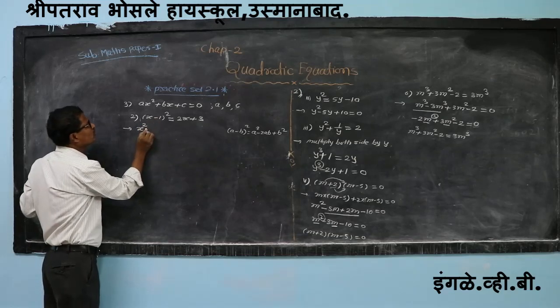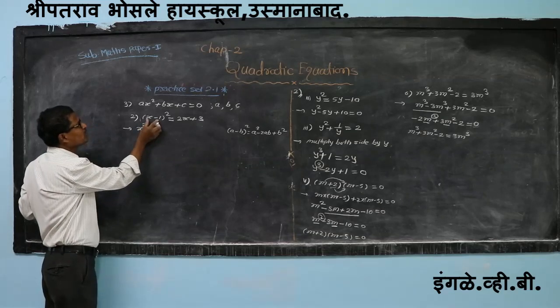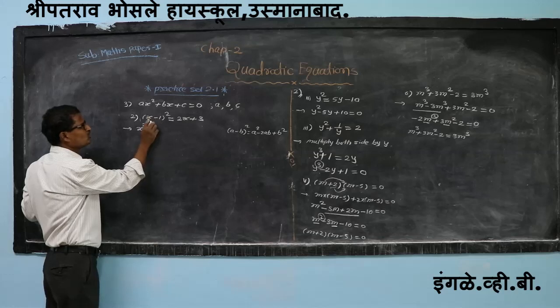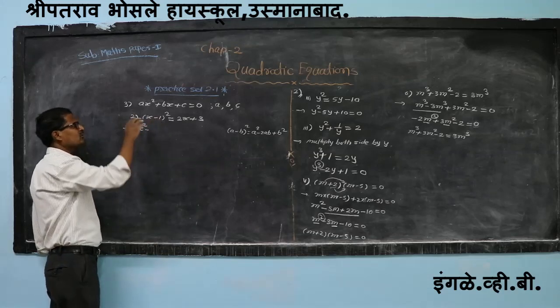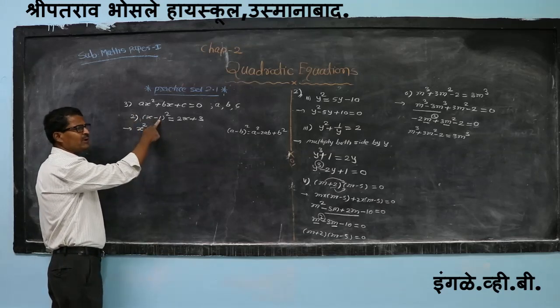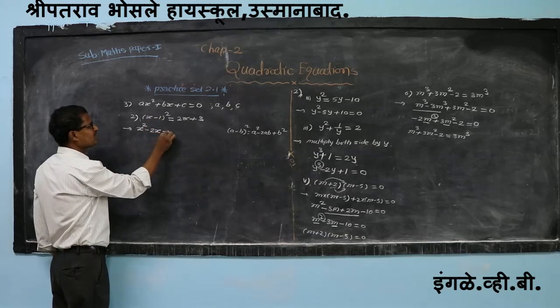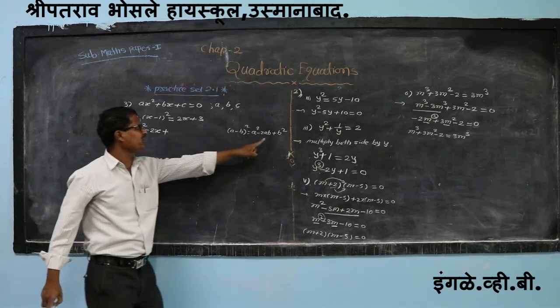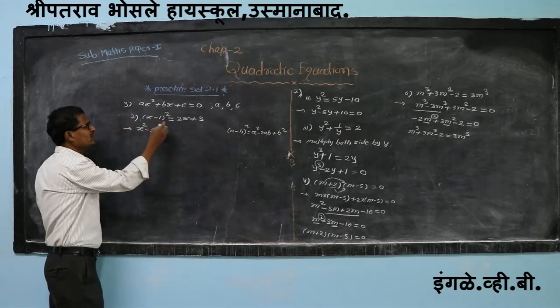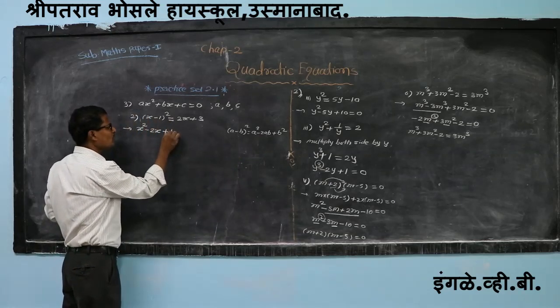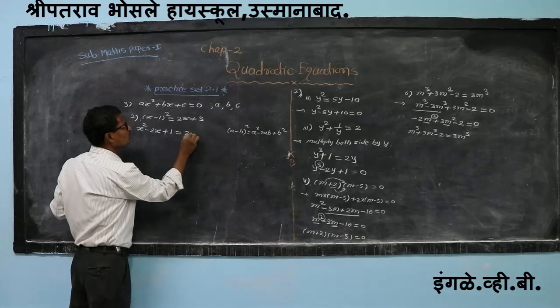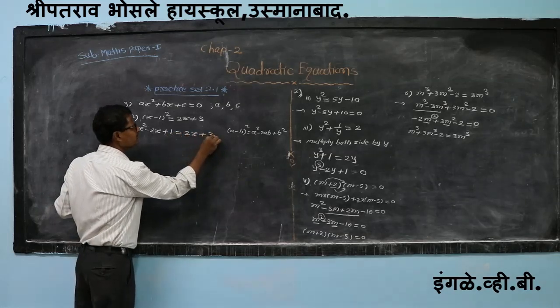The sign is negative, put the negative sign, take the product of the first term and second term, and take twice: x multiplied by 1, x, twice is 2x, plus the third term is always positive, so plus 1 square. 1 square means 1, is equal to 2x plus 3.